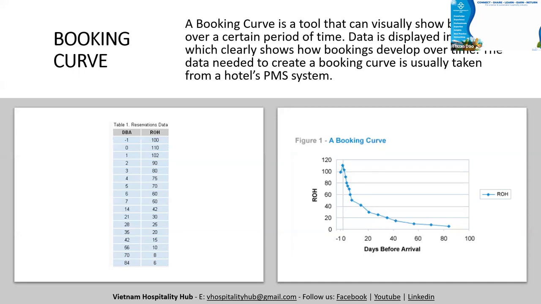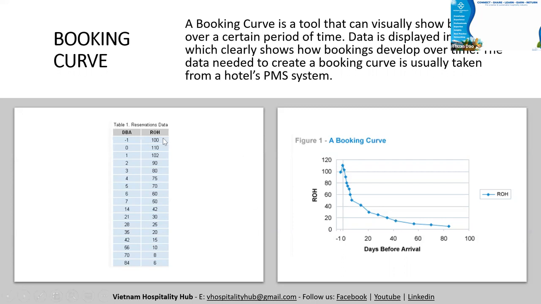And how do we do the analysis? Let's say after you do the statistics to get the data, this is one of the analysis techniques that you can apply. The first one we call the booking curve.